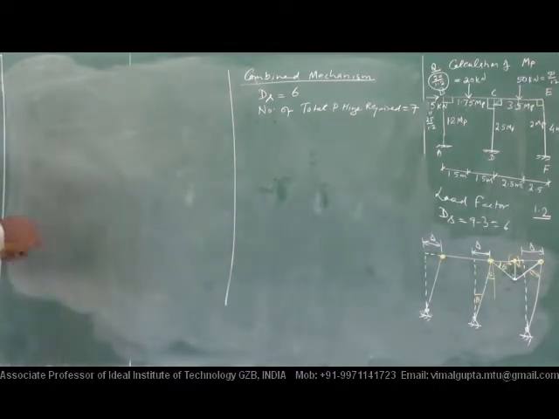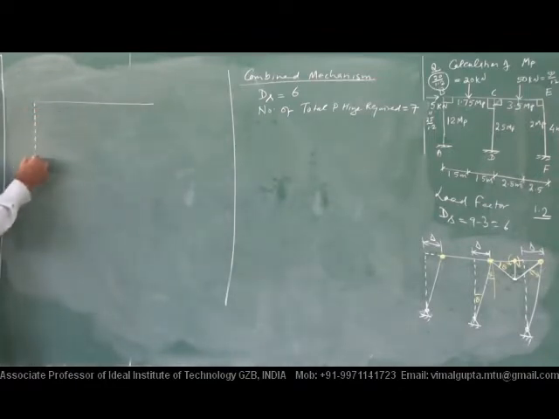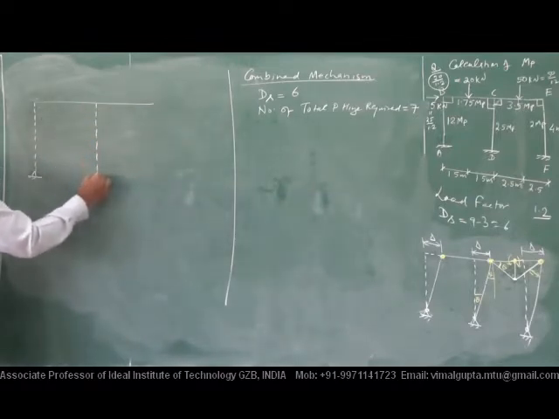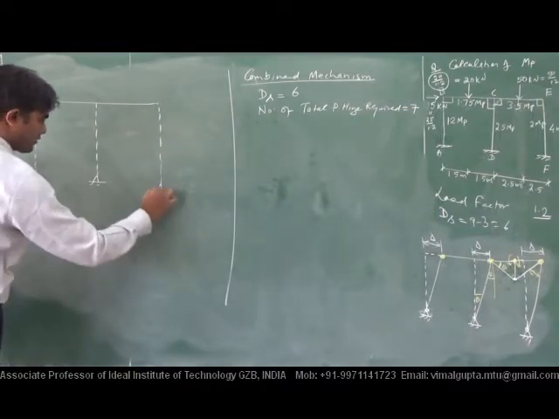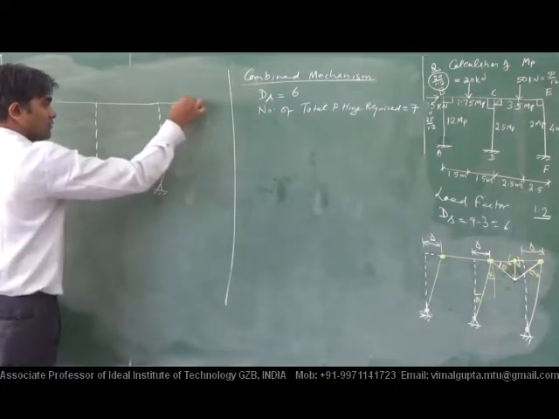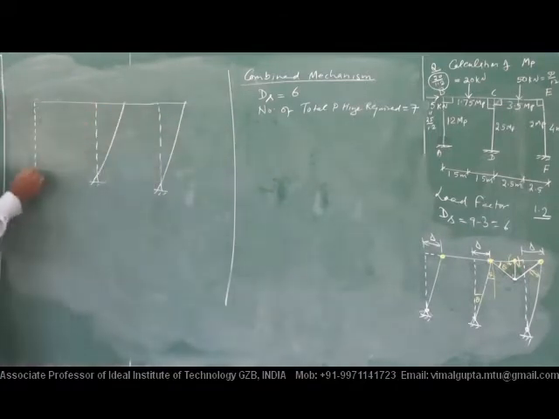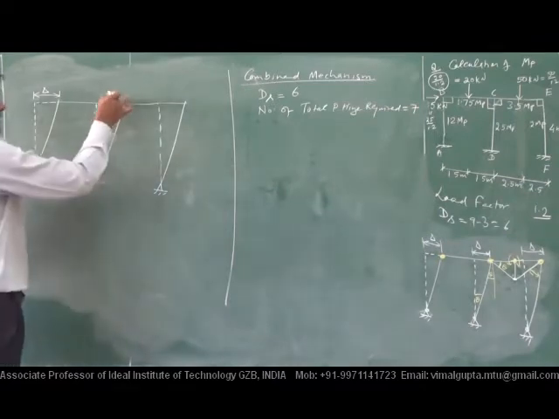So the deflected shape is such that both have the same value of displacement.